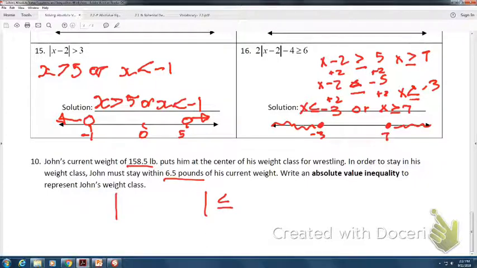Okay, so what's going to go on the side of my inequality? The one that's not the absolute value. 6.5. So how we're varying is always what we set it equal to, on the other side of our inequality. Okay, what's going inside of my absolute value? x minus 158.5. Okay, solve that.